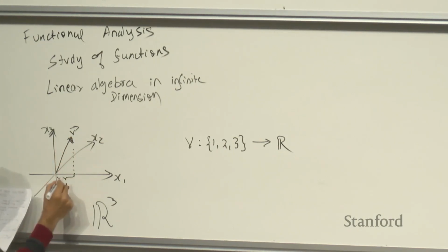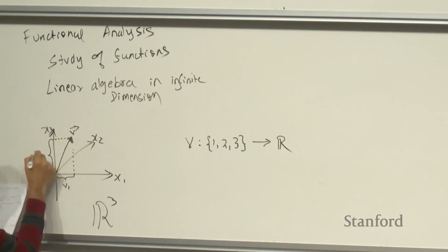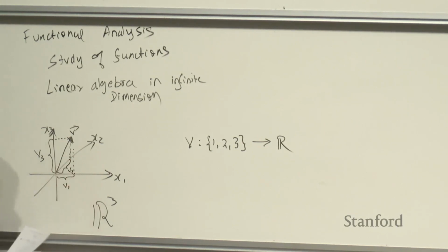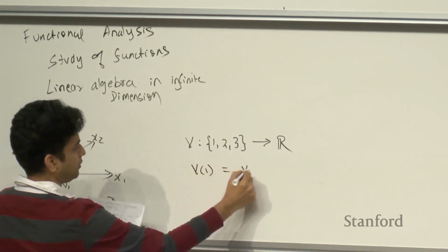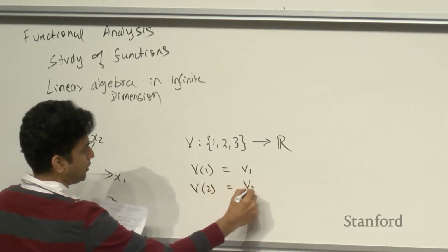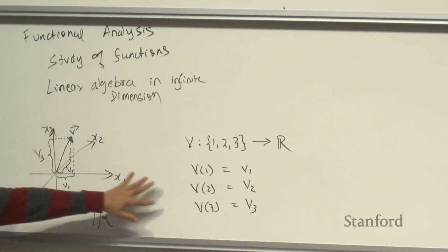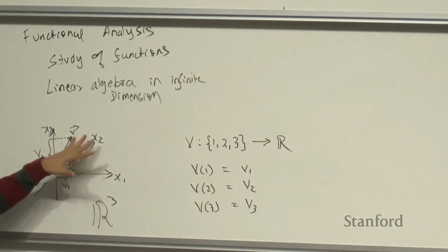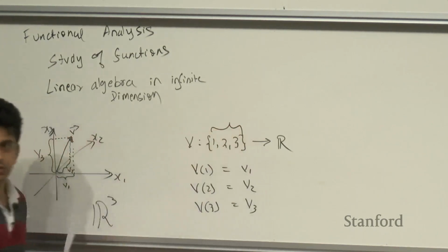I'm going to call these components v1, v2, v3, right? So you can think of writing this vector as v of 1 equals v1, v of 2 equals v2, v of 3 equals v3, where those are the components. Think of a vector as a function where the input that you're feeding is the axis, and the number of axes you have for the space is basically the domain of that function.